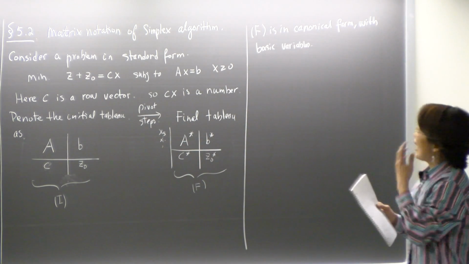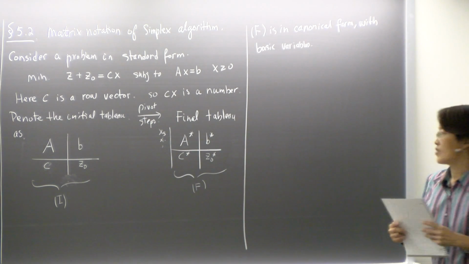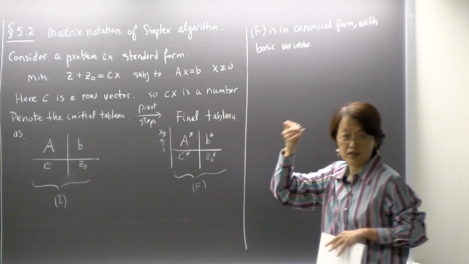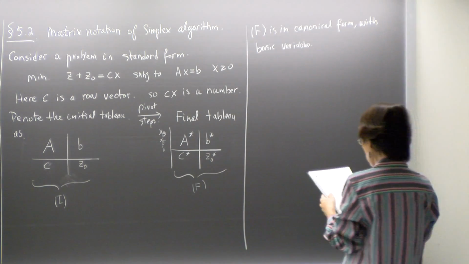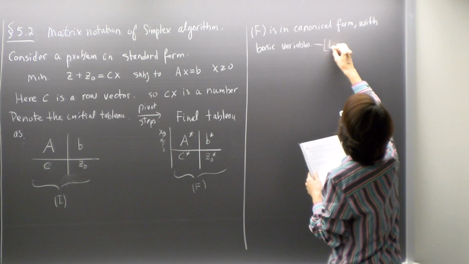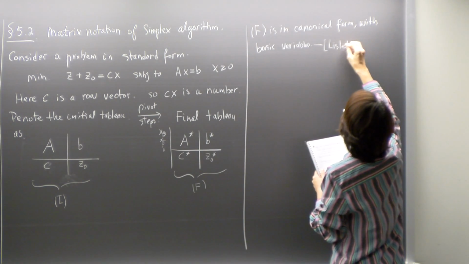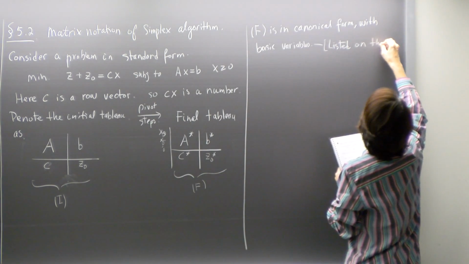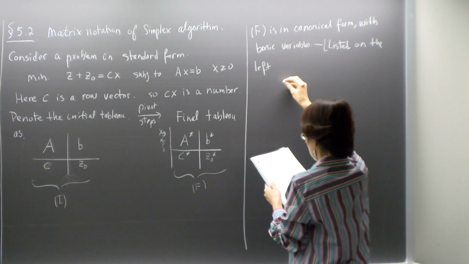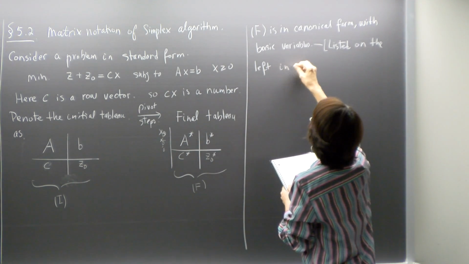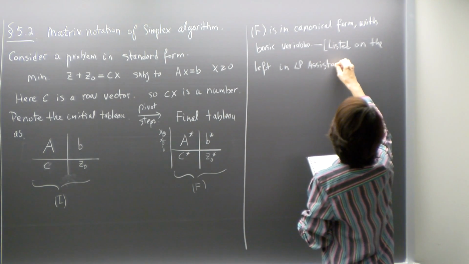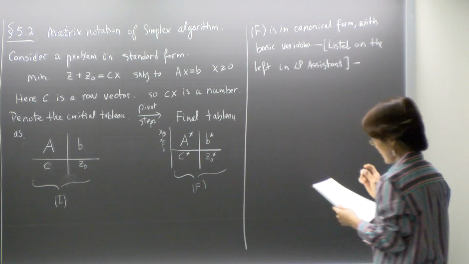So I need to know who they are. So I would trace the index of these basic variables. In the general setting, what will I have? This will be listed on the left if you use the LP Assistant. Just to tell you, you can get that information easily.